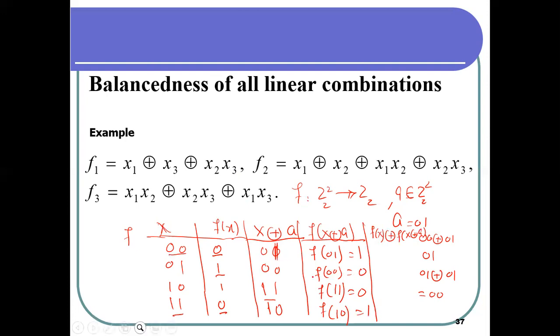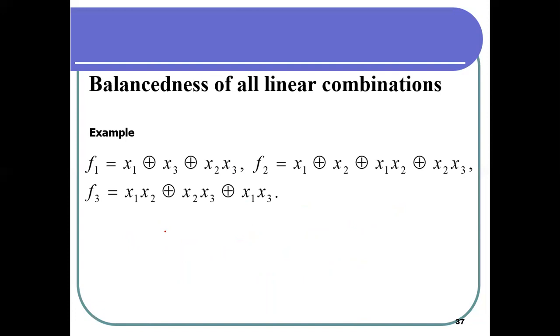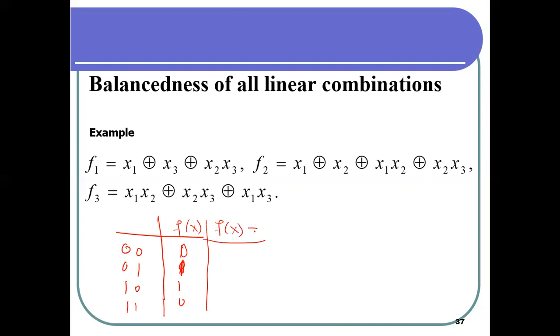So this is 0110, and this is 1001. I omit this one just to save space. For inputs 00, 01, 10, and 11, f of x was 0110, and the other one is f of x XOR f of x XOR a.